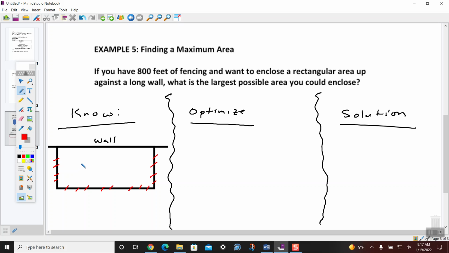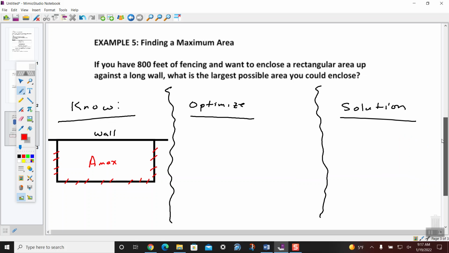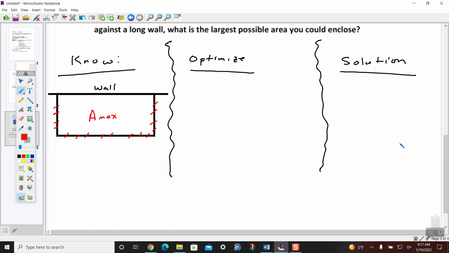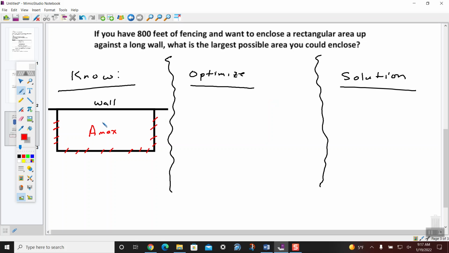We're trying to say, what's the best way so that we can maximize this area right here? We want to know the area as a maximum. Now guys, the 3 sides that are red, we know they add up to how many feet of fencing? 800.